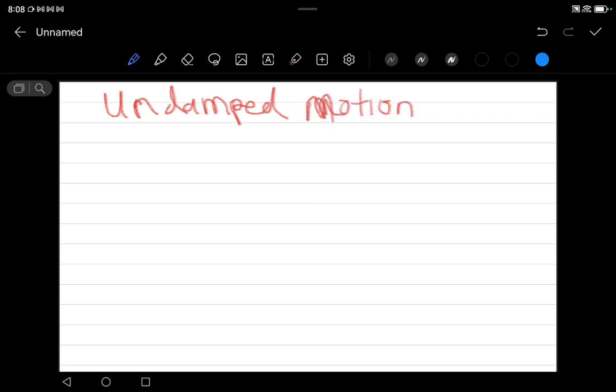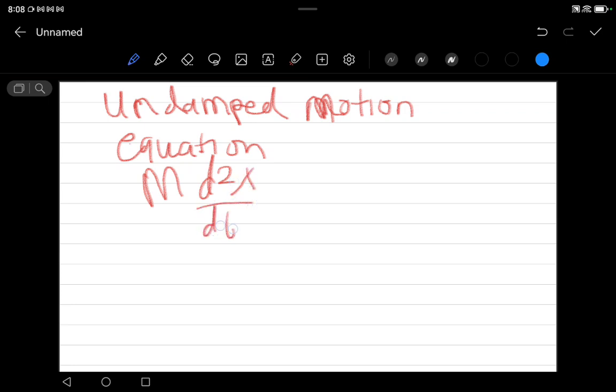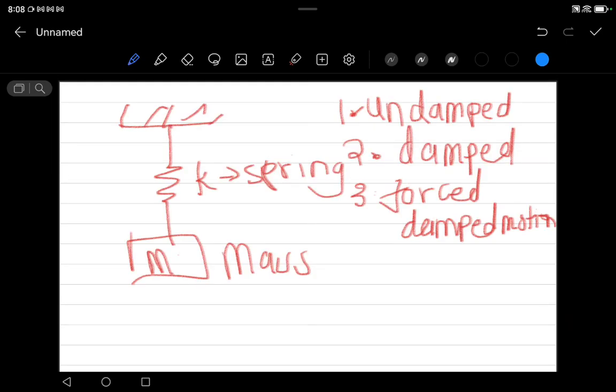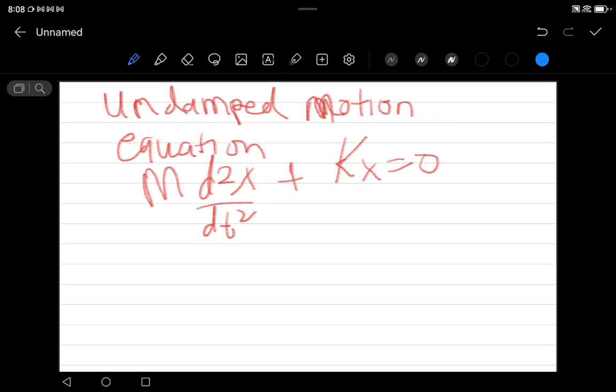Okay, so the equation for undamped motion is going to be m d squared x over dt squared plus kx equals 0. So this one is for undamped motion. From our diagram, you see we have the spring and the mass. So this is the equation.